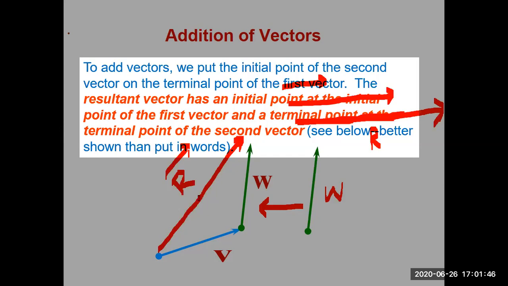So this vector is called the resultant vector. The resultant vector is obtained by addition of vectors, and its effect is equal to the combined effect of all the vectors added. So here it is. If this was vector v and this was vector w, you have added these two vectors, you are getting v plus w, and this is the addition of vectors.